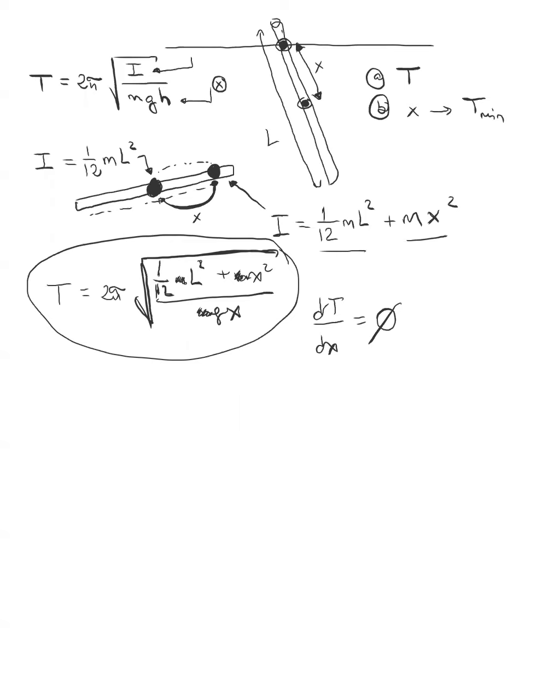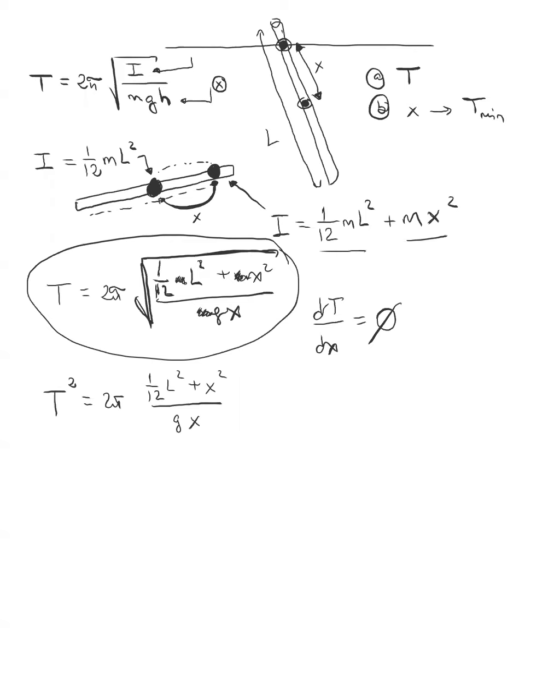There is one trick that could make it slightly simpler. And this trick is that instead of looking at T, you could look at T squared. So T squared is equal to 2 pi times 1/12 of L squared plus x squared, divided by gx.